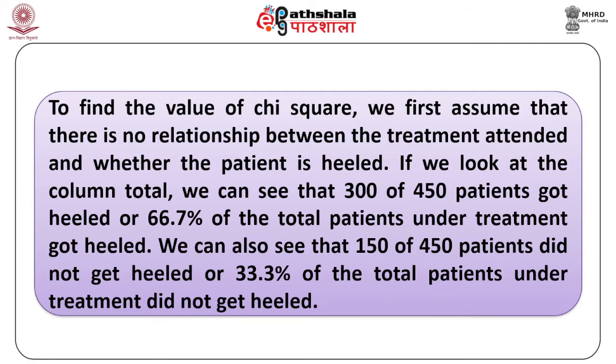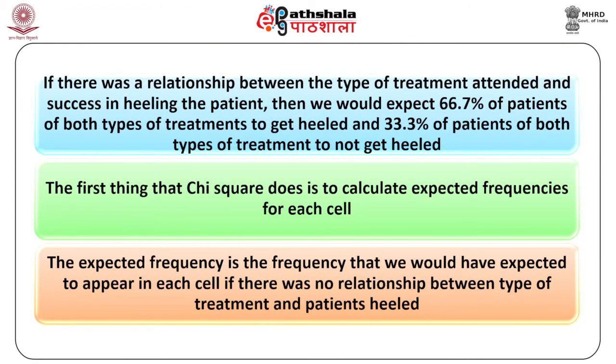We can also see that 150 of 450 patients did not get healed, or 33.3% of the total patients under treatment did not get healed. If there was no relationship between the type of treatment attended and success in healing the patients, then we would expect 66.7% of patients of both types of treatments to get healed and 33.3% of patients of both types of treatments to not get healed.